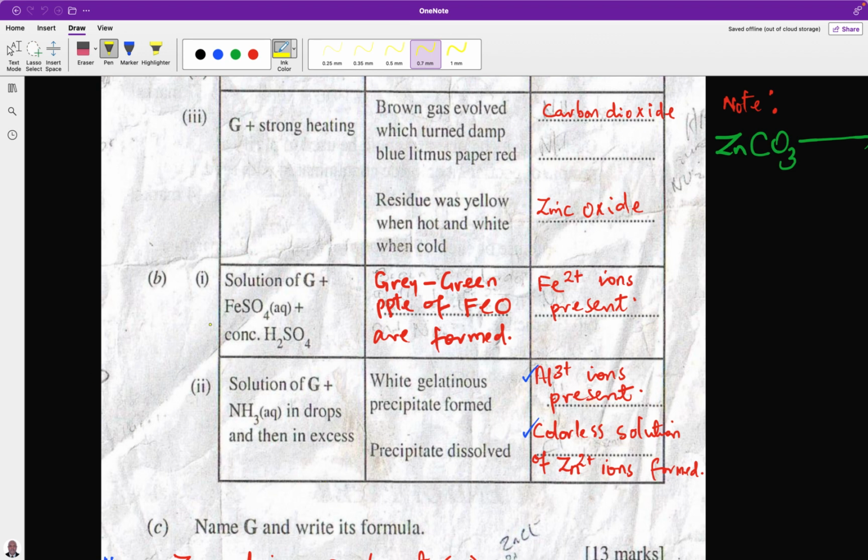When a solution of G is reacted with aqueous ammonia, a white gelatinous precipitate is formed. When excess aqueous ammonia is added, the precipitate dissolves. That also indicates the presence of zinc ion.